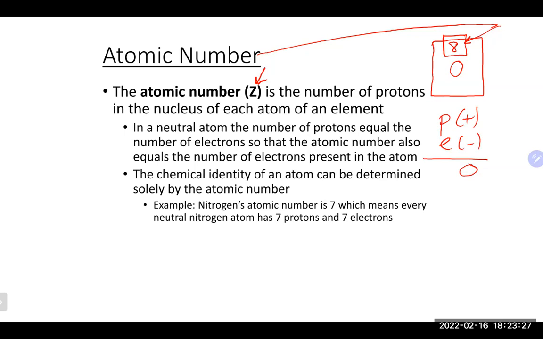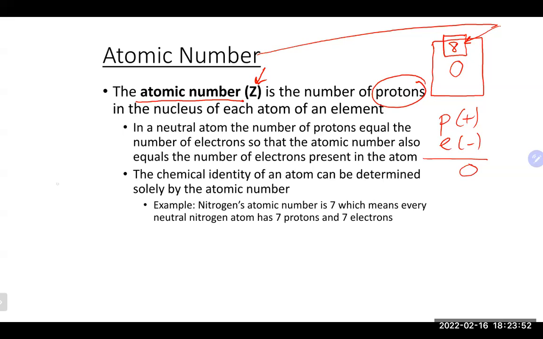Again, they should balance each other out. But it is really important that if you are ever asked this question of what is the definition of atomic number, it is just the protons. Only the protons is really the definition of it. Side to that is, again, if you're dealing with something neutral, it will also tell you the electrons, but that is not really the definition of atomic number other than protons.